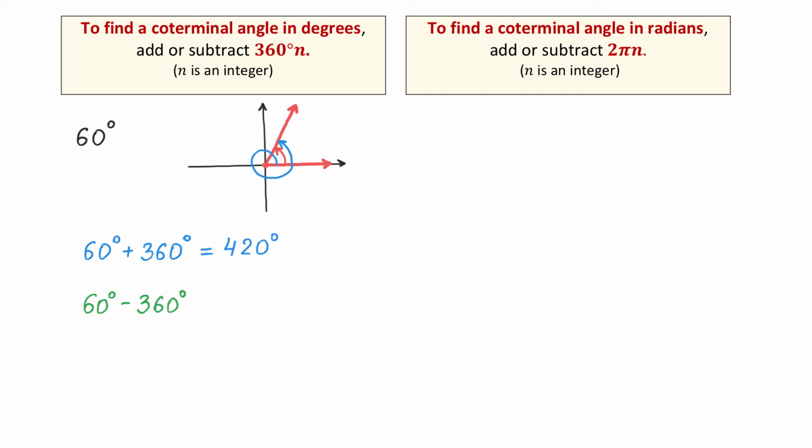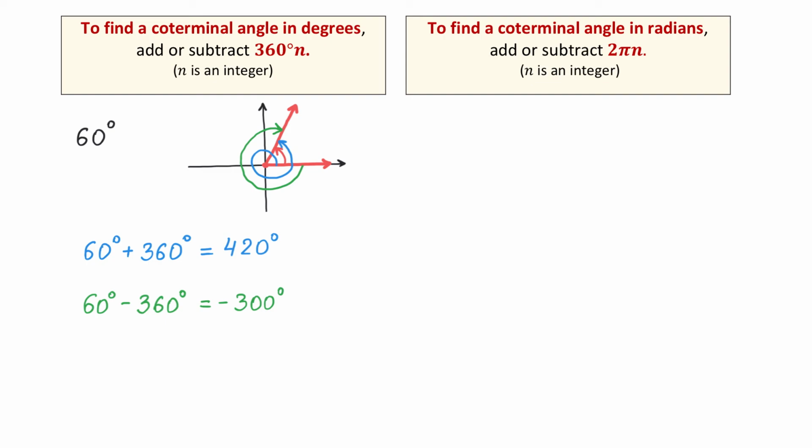If we subtract it just once, we will get the angle of negative 300 degrees. To draw this angle, we will move clockwise, and this angle will have the same terminal side as the other two angles. So the angles of 60 degrees, 420 degrees, and negative 300 degrees are all coterminal with each other.